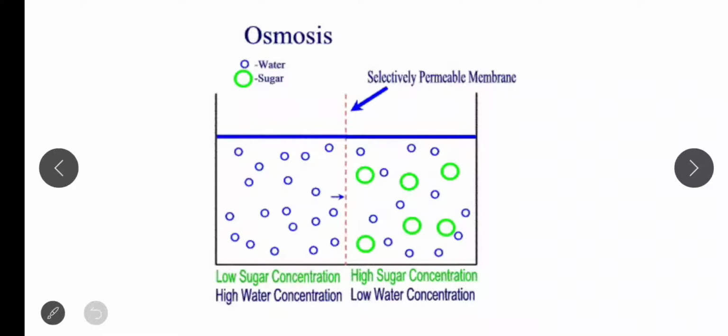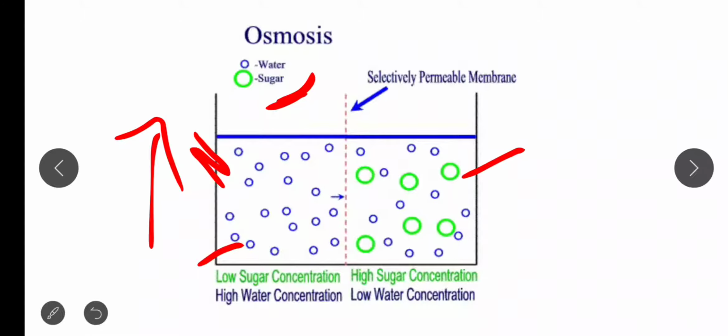If you take a sugar solution and add sugar, on one side the concentration of sugar is low, and there is a higher water concentration, with water represented by the blue dots. The green dots represent the sugar here also. So on this side there is a higher concentration of the solvent, the water, and on the right hand side there is a higher concentration of sugar, so the sugar concentration is more as compared to the water.